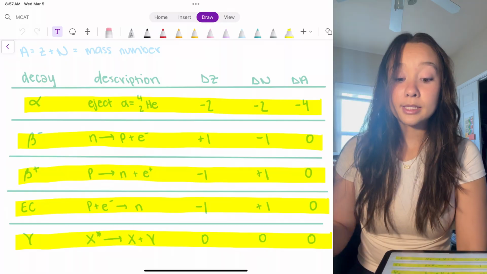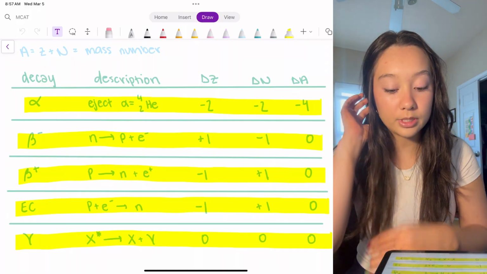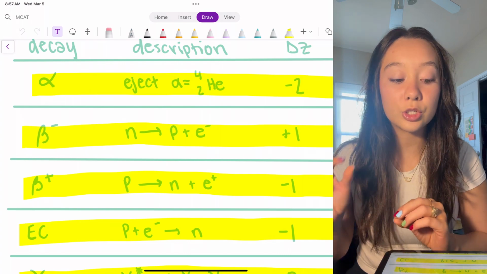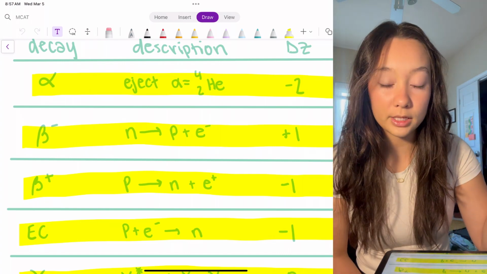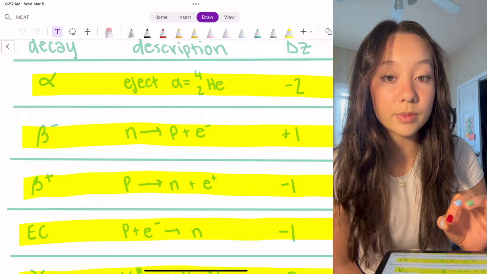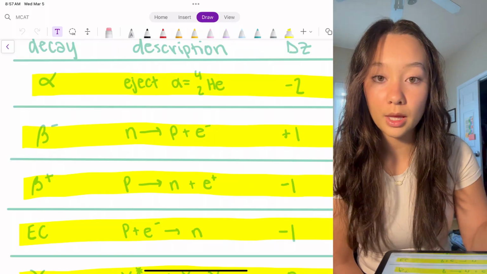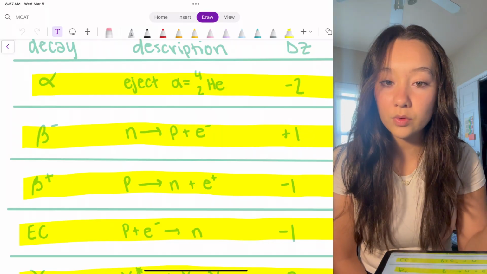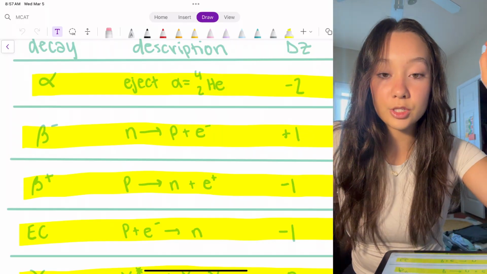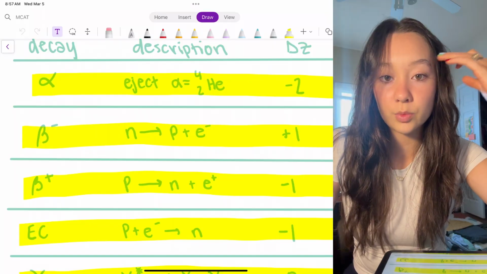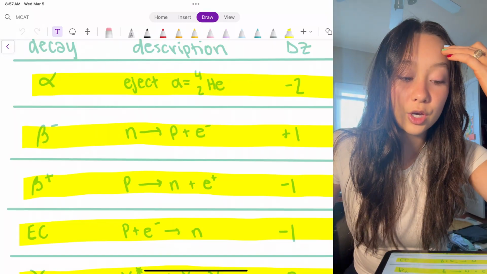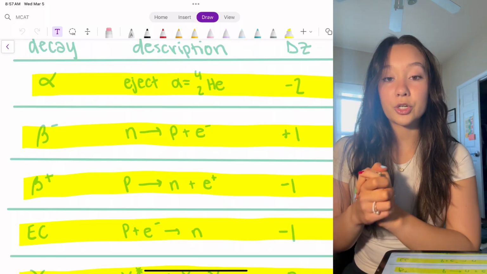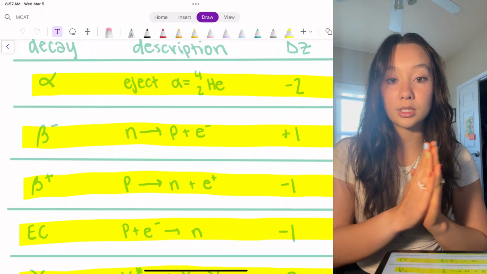Now, beta minus and beta plus decay, I remember these because with beta minus, you're turning something into an electron, so an e minus. With beta plus, you're turning something into a positron, so e plus. If you just remember those things, you can figure out the pathway of what's actually happened. So beta minus, we know that we're forming an electron, a negative. How are we going to form a negative? We're going to take a neutron and turn it into a proton plus an electron.